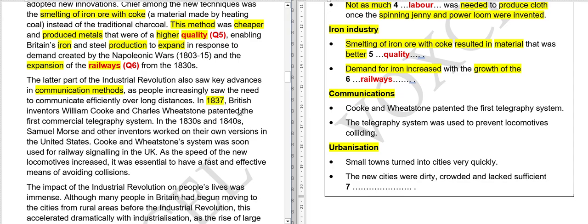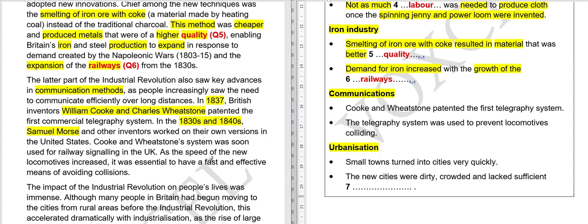In 1837, British inventor William Cook and Charles Wheatstone patented the first commercial telegraphy system. In the 1830s and 40s, Samuel Morse. Okay, so what I'm doing is highlighting here. But if you are doing it on paper, underline these words, because if we have to find these words in your second or maybe third set, you will be easily able to locate the location.